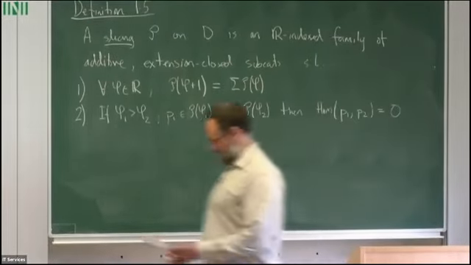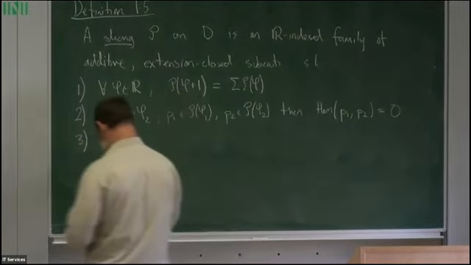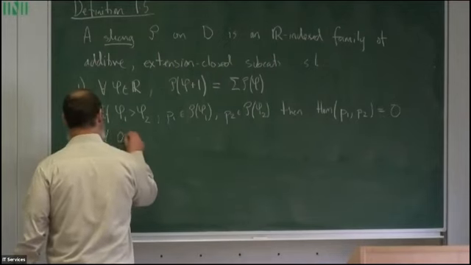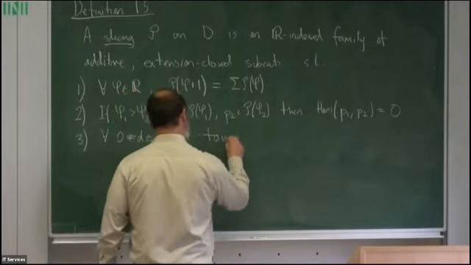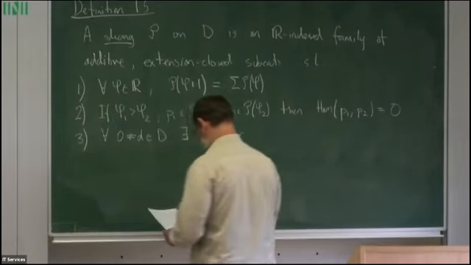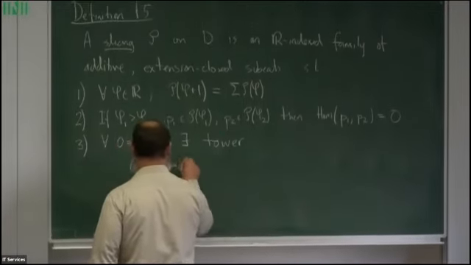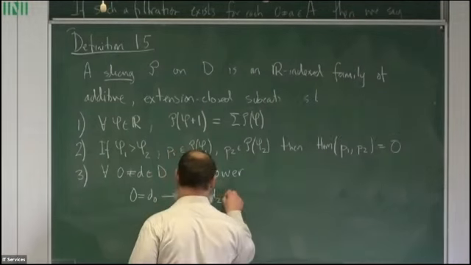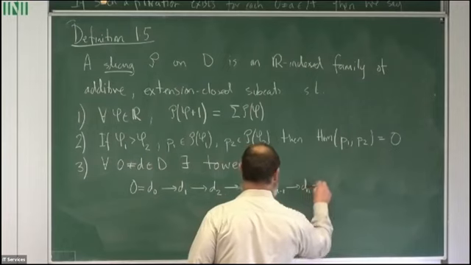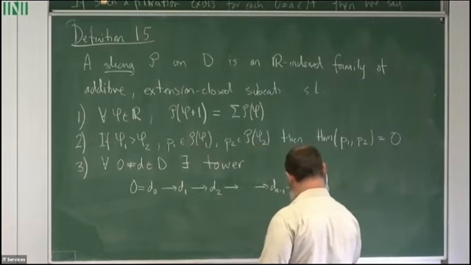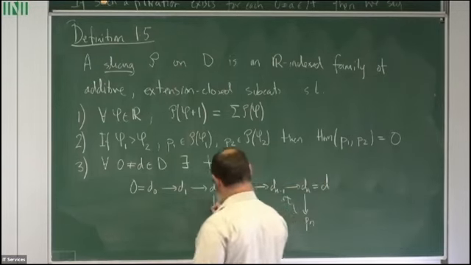And the third condition is that for each non-zero element of D, there exists a tower like this.